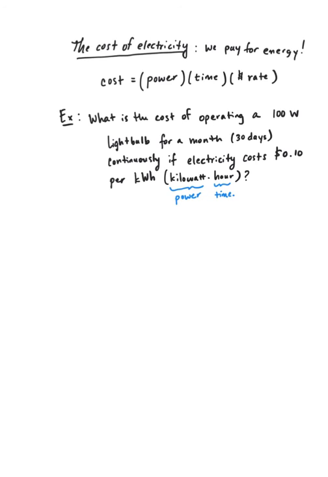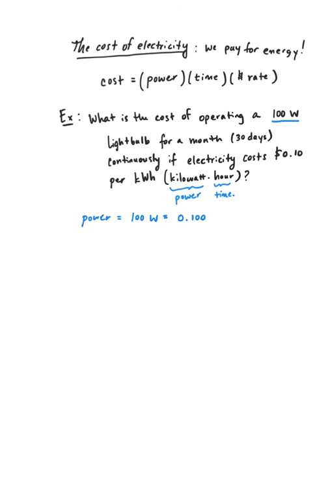We need power to be in kilowatts and time to be not in days but in hours, according to these units. Power, kilowatts, time, hours. So let's do two things first. Let's take this power and convert it to kilowatts. To convert watts to kilowatts, we just divide by 1,000.